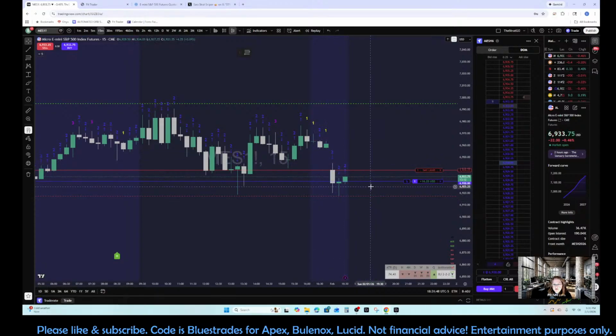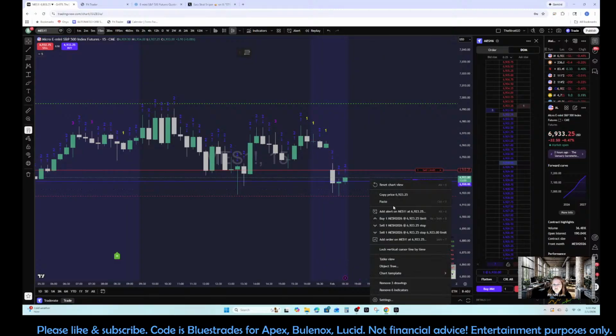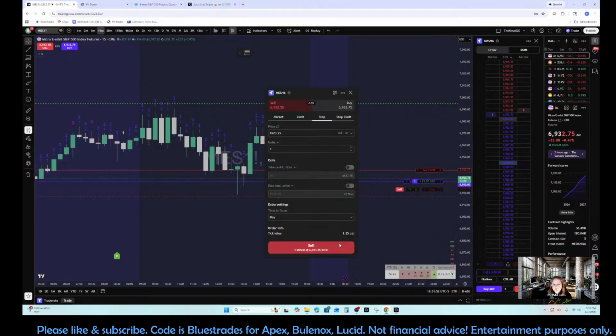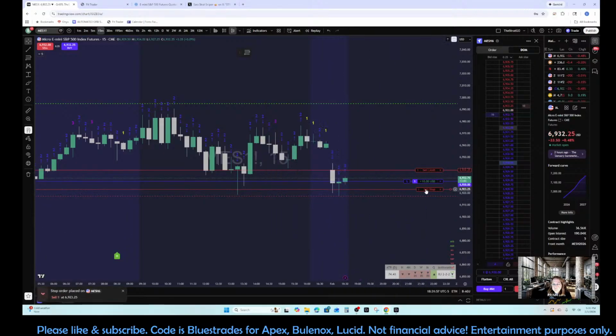So if you want to be safe and put a stop loss, here's where my stop loss would go. It actually should go here, beneath the previous candle's low. You can then drag your stop anywhere you want, right?